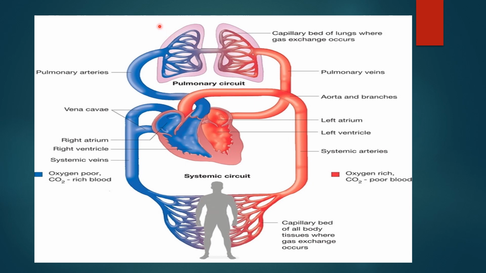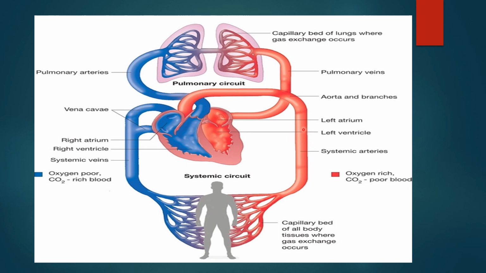Lungs will take oxygen from inhaling and add it to the blood. Now this oxygenated blood, that means the blood which is having oxygen in it, will come to the heart with the help of pulmonary veins. Then from the heart, this oxygenated blood will reach the whole body with the help of capillaries.